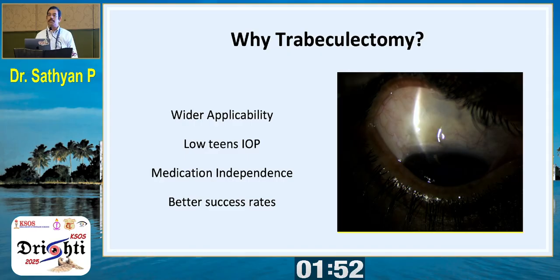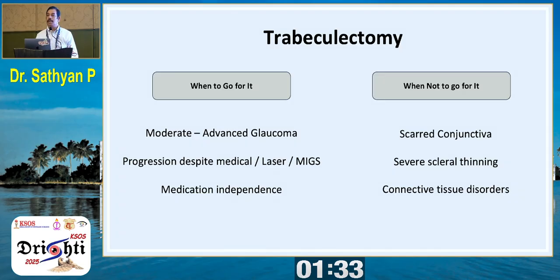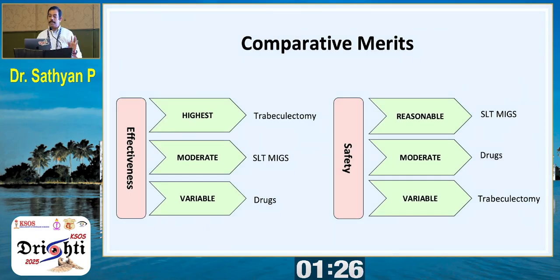If the patient's compliance is poor, or in spite of using the medication the target IOP is not achieved, or a significant progression is happening, and you feel the stage of the disease is moderate or severe, and you don't know how to do a MIGS procedure, trabeculectomy still holds as the best choice because it has the maximum IOP reduction in all kinds of glaucomas. So looking at the comparative merits, trabeculectomy holds the highest, then comes SLT and MIGS.